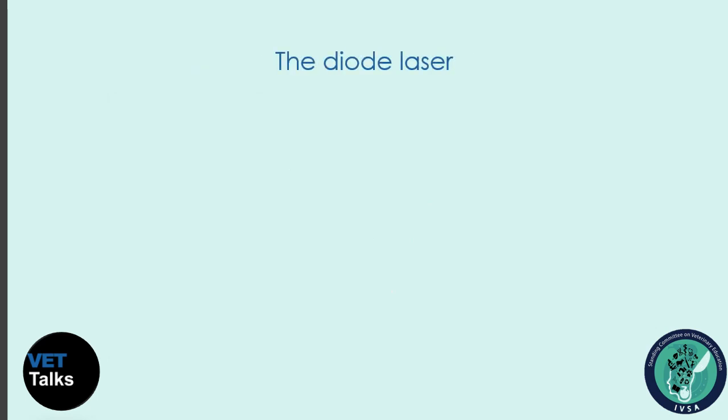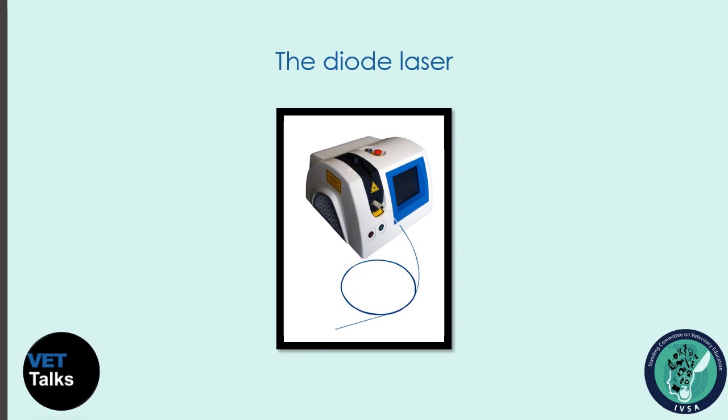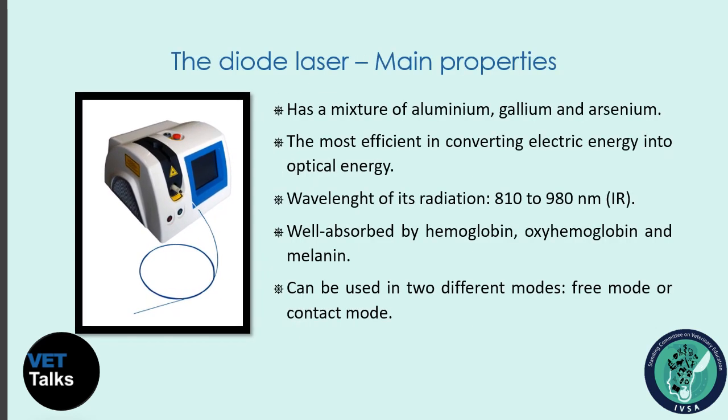Starting now to talk about the diode laser. Its main property is that it has a mixture of aluminium, gallium, and arsenium in its resonator. It is actually the most efficient device in converting electric energy into optical energy. Its wavelength is between 810 and 980 nanometers, so it is infrared radiation.